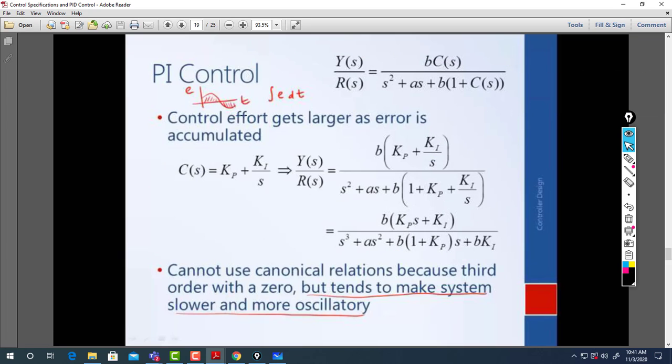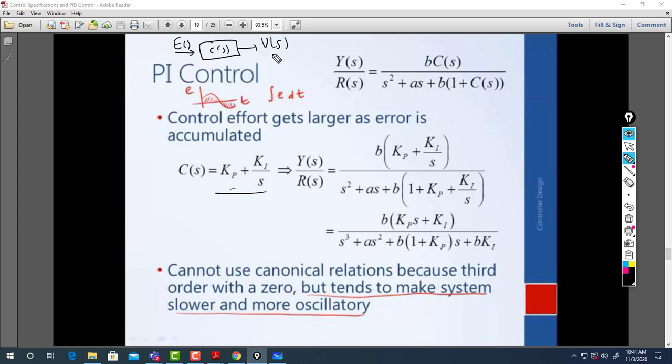Just for PI. So what's PI? PI by definition is Kp plus Ki over S. The control effort gets larger as the error is accumulated. The integral term is the summation of error. We are doing summation of error. That's your C of S, and here is the error, and here is your control signal.